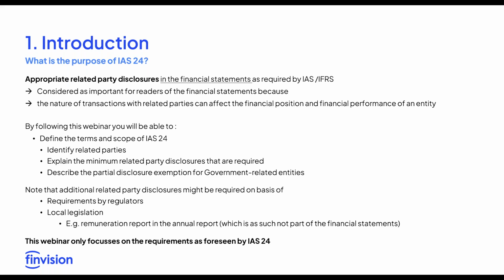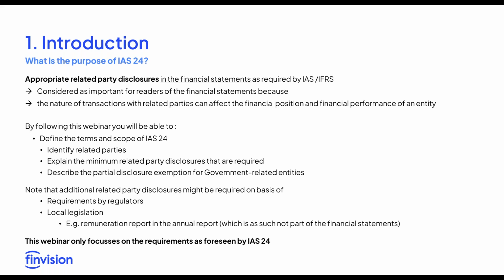Also note that the scope of this webinar is IAS 24, whereas in practice, most entities will be confronted with additional disclosure requirements for related parties, which are requirements by regulators, being in Belgium the FSMA, or at a higher level ESMA, or the SEC, and also local legislation.